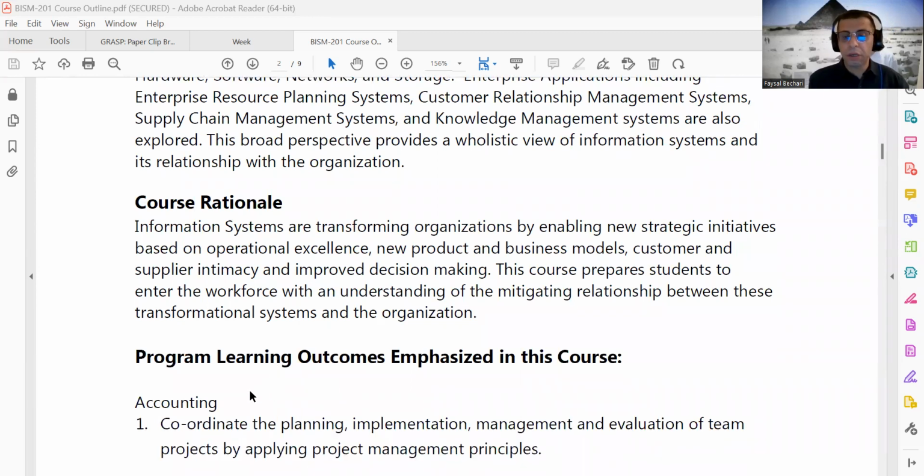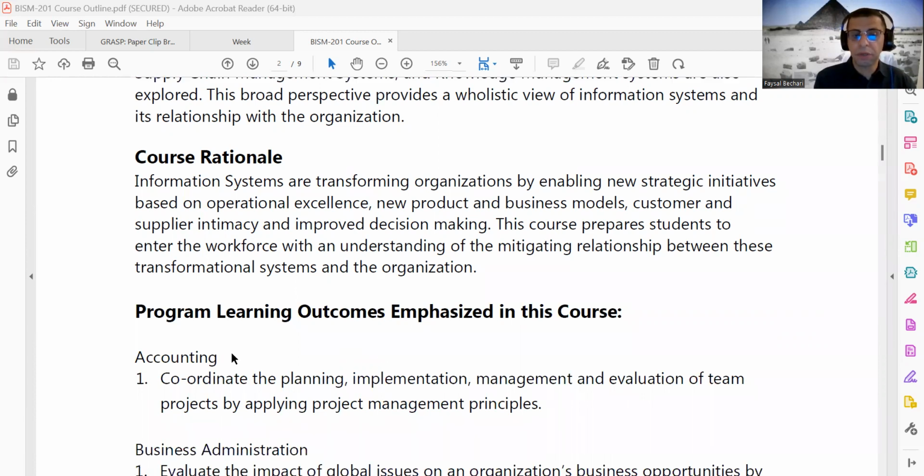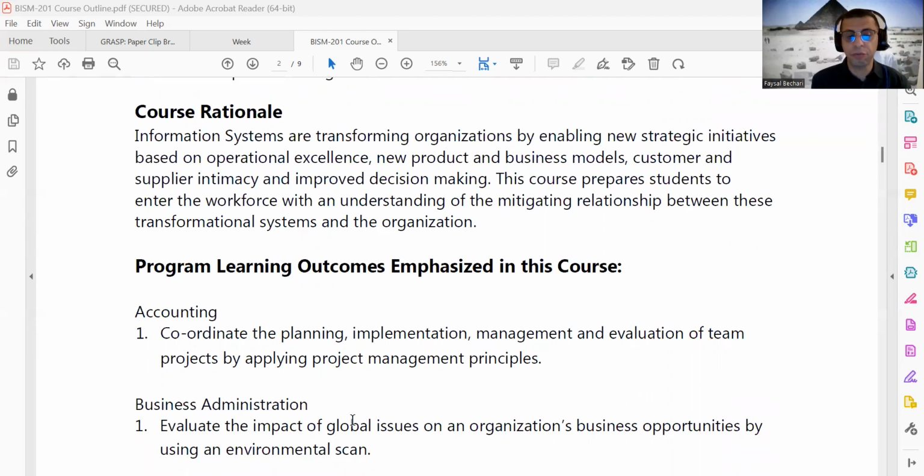Now, what are the program learning outcomes in this course? We'll do some in accounting, coordinating the planning and the implementation. We'll talk about management and evaluation of the team project by applying project management principles. We'll look at the project management principles and how they are applied, and how the calculations are done for them.